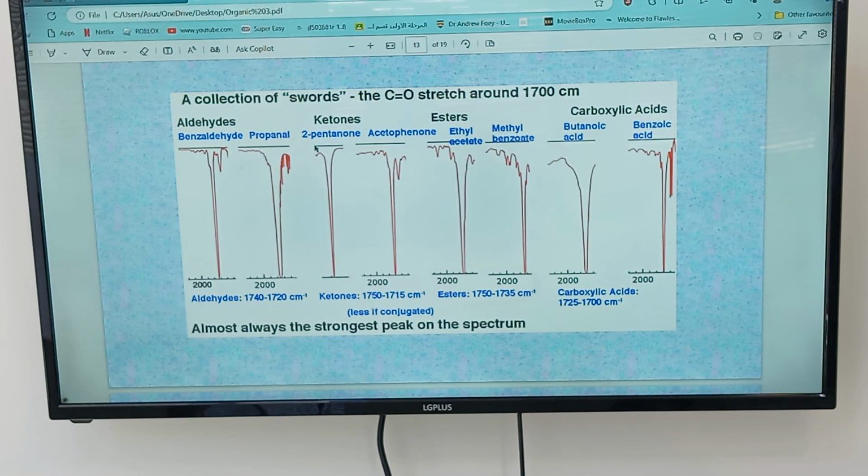This 2-butanone, pentanone, this is from ketones, while aldehydes is between 1740 to 1720.